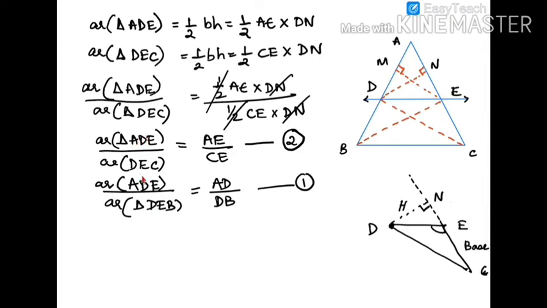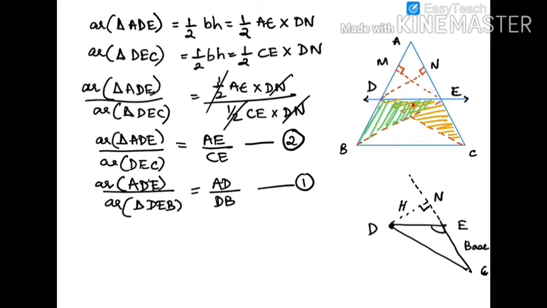So the numerators are same. Now take a look at the denominators. Triangle DEC of the second step is this triangle, and triangle DEB of the first step is this triangle in the figure.